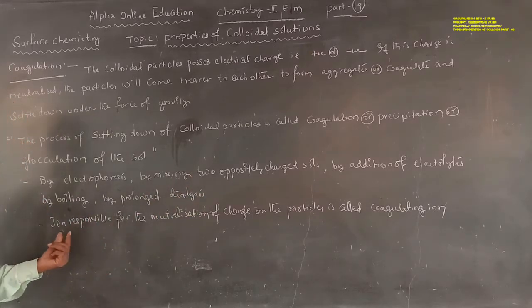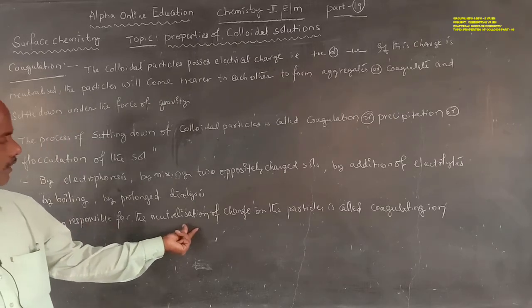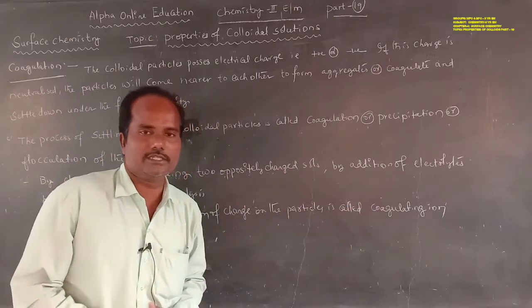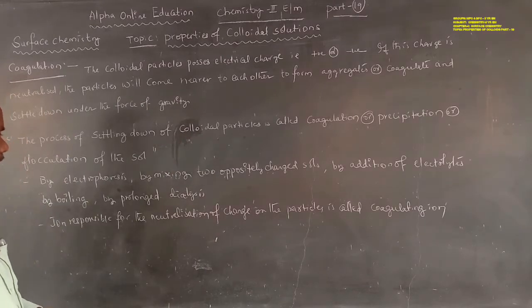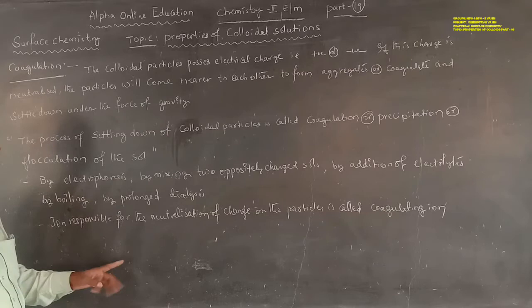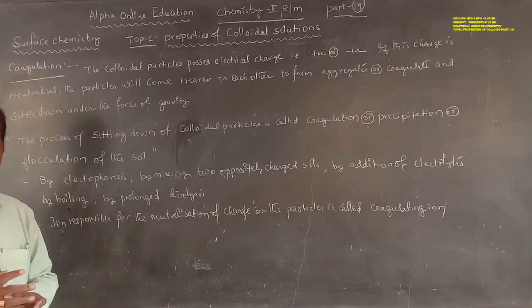Next, the ion responsible for the neutralization of charge on the particles is called the coagulating ion. Suppose the colloidal solution is a positively charged colloid.